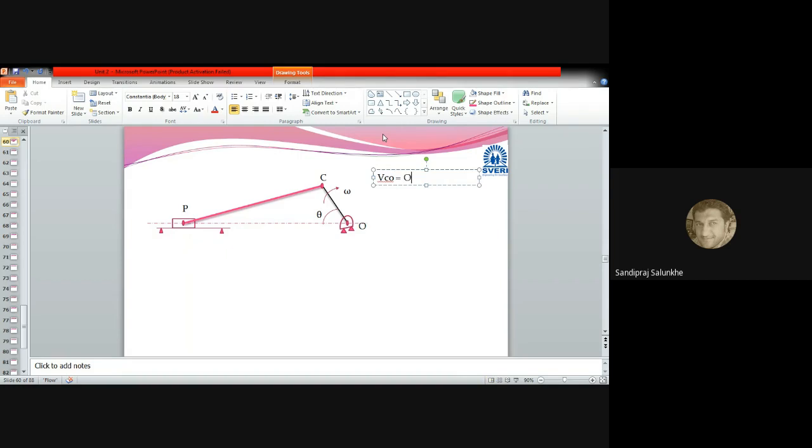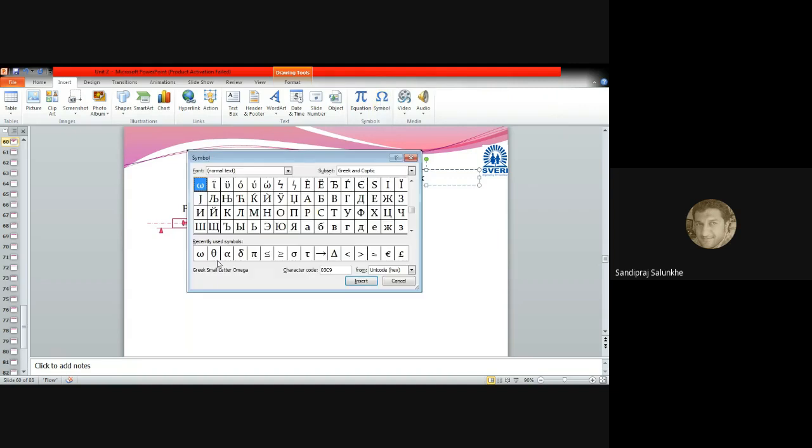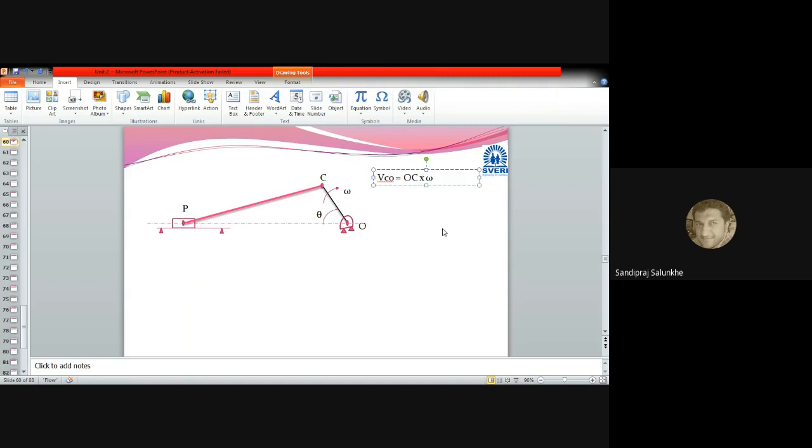Exactly. Once you have the dimensions of OC and the value of omega, you can calculate the velocity of C with respect to O. That is nothing but the linear velocity of C with respect to O. Once you get this value, we have to take a scale. Second step is taking the scale.